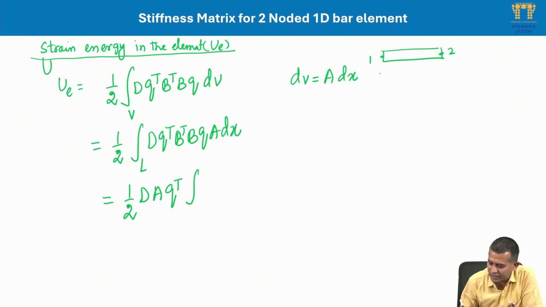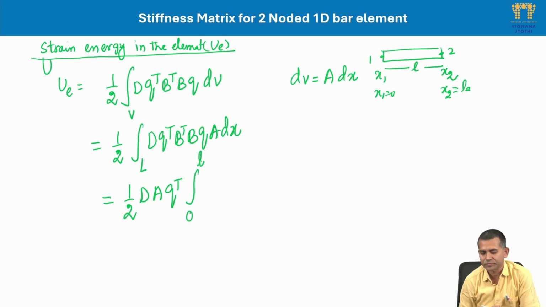If you are considering this length, if it is x1 and x2, suppose I am considering x1 as 0, then x2 will be LE, the length of the element L. So that means it's varying from 0 to L, right?